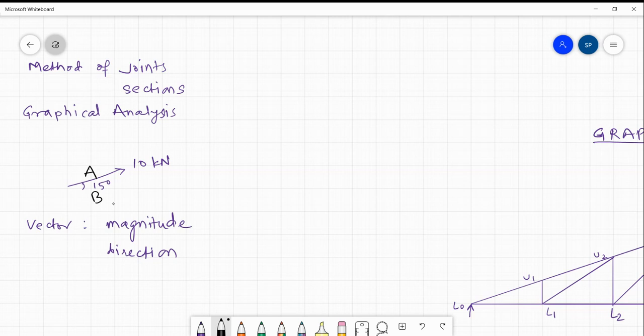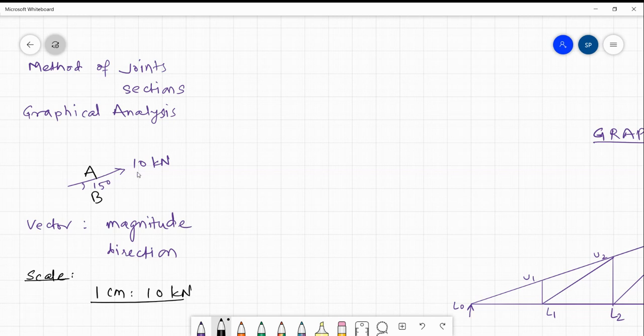One more thing you will require, you will have to select a particular scale for completely defining this force graphically. Suppose I select a scale where 1 centimeter on paper represents 10 kilonewton. So this is going to be my scale.